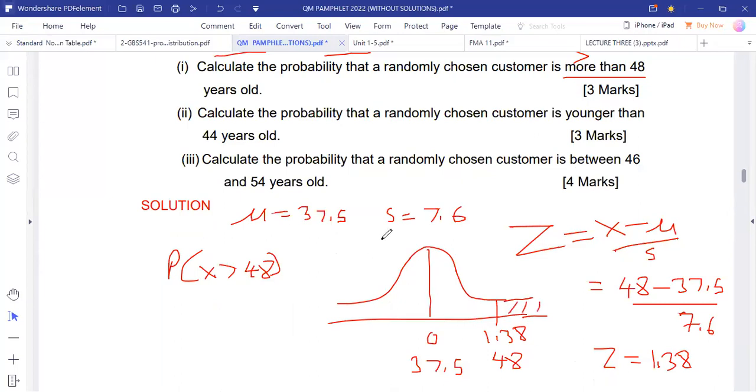That represents the area to the left. Then we subtract, 1 minus the area, to get the probability of x being greater than 48.